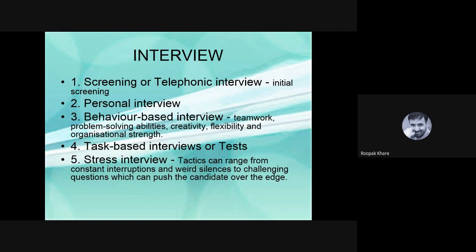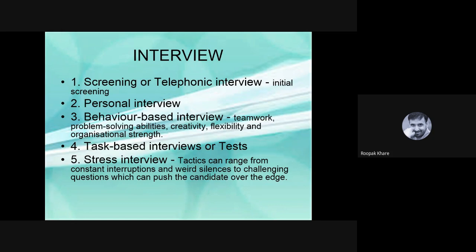Personal interview is done when one person is being interviewed one-on-one. Behavior-based interview, where certain tasks are verbally told to you, and then how do you react to it? This checks your teamwork, habits, problem solving abilities, creativity, flexibility, organizational strength.